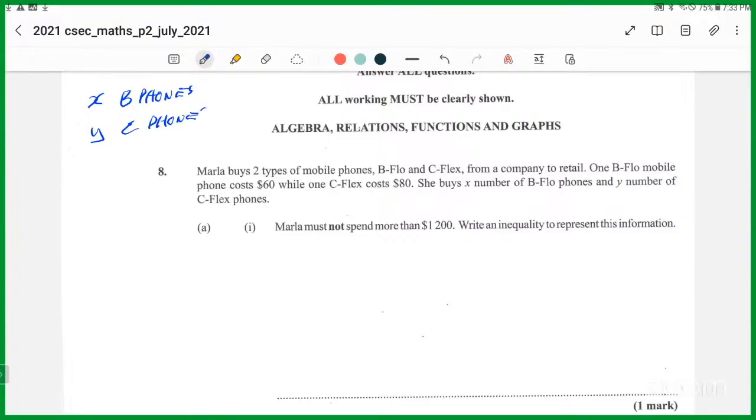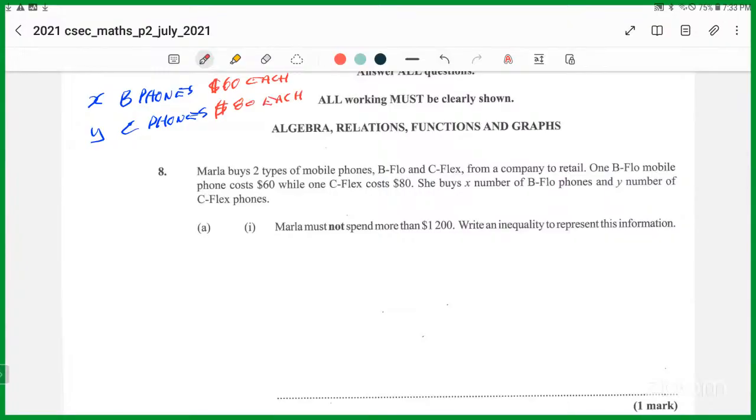If I'm in the exam, I'm writing these notes on the paper just as I'm doing here now. The cost of the B phone is $60 each. Let me put it here as well. $60 each. So this one is $60 each. And the other one is $80 each. $80 for the C phones. $80 each.